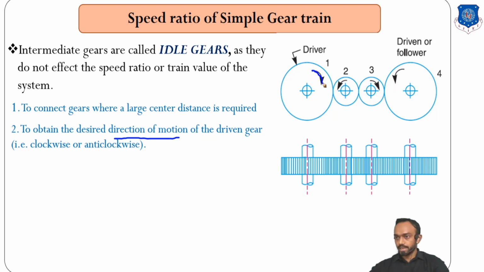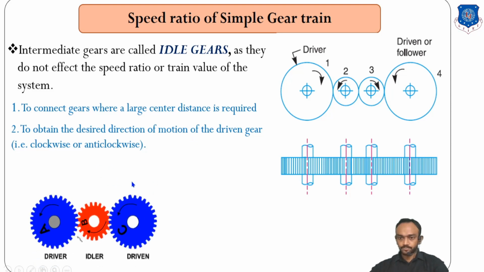You can check that the direction of gear number 1 is clockwise, and the outer gear, meaning the driven gear, is anti-clockwise. So if I want the direction of the 4th gear to be clockwise, what can I do? I can eliminate these two gears and use one single gear in place of both. So this direction can be obtained.